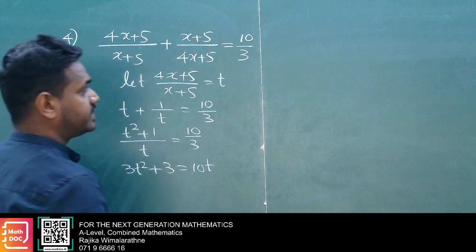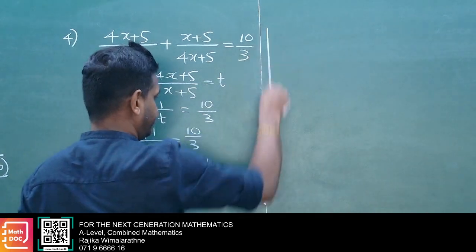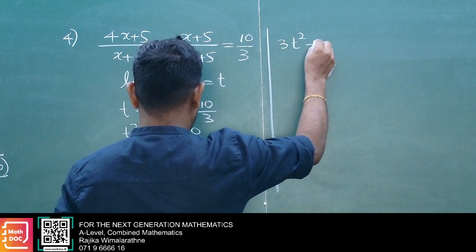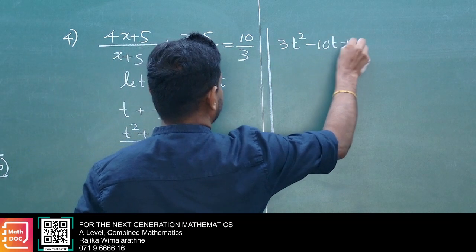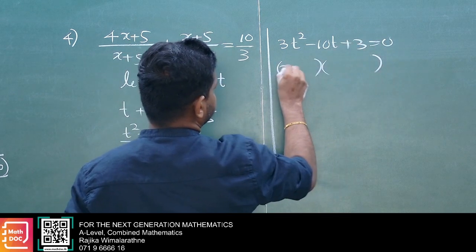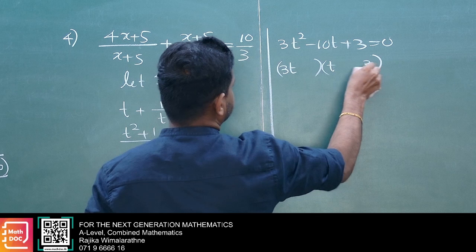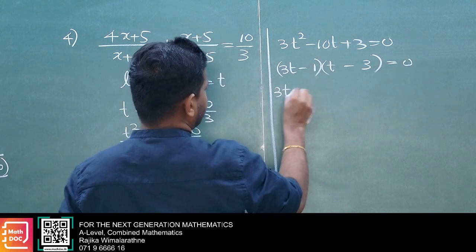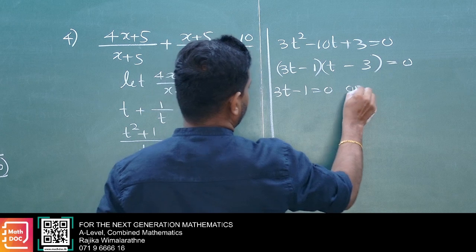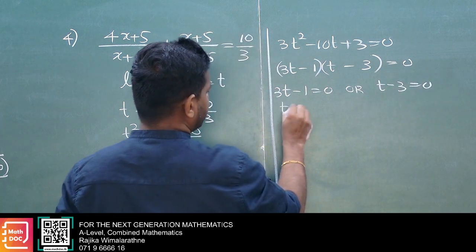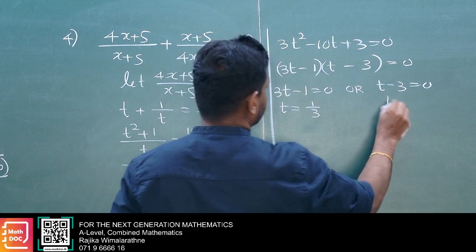Now convert into general quadratic format: 3t square minus 10t plus 3 equals 0. Then factorize: (3t minus 1)(t minus 3) equals 0. So t equals 1/3 or t equals 3.